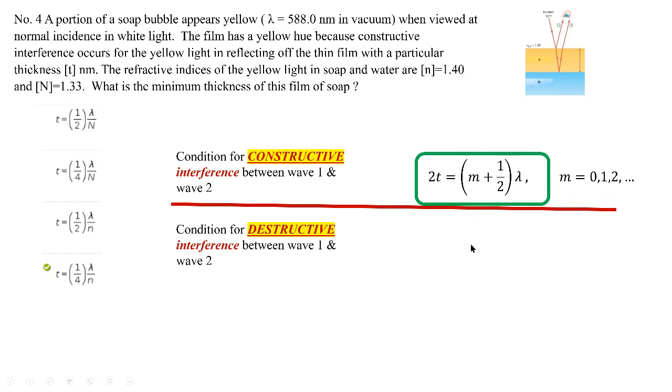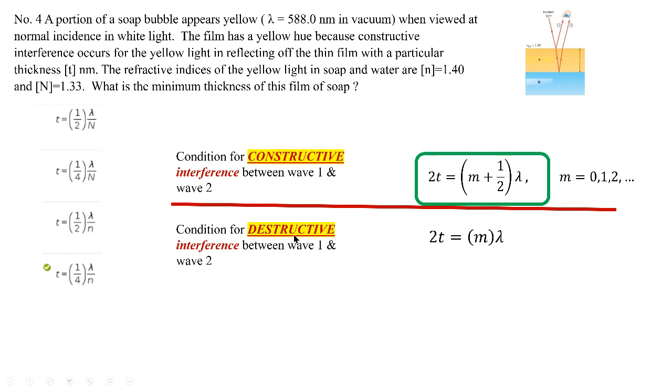And therefore, I also downloaded the other case. If there were destructive interference, it would have been that I went twice the thickness and my path length was an integral multiple of the wavelength. So when I came out, I am 180 degrees out of phase with you because you had this funny twist in your reflection off a denser medium.